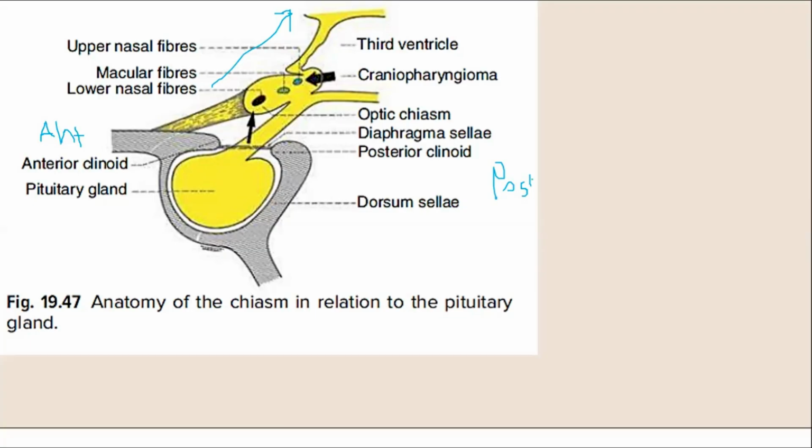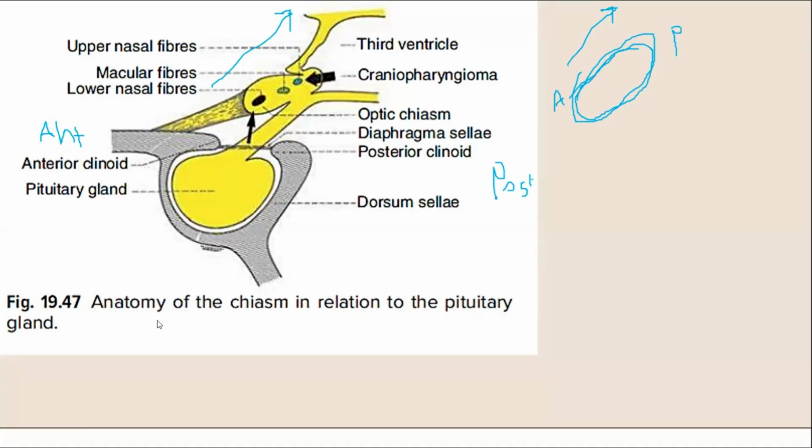If you want to draw the section of the optic chiasm, draw it like this: make it oblique upward and posteriorly, like this. This is anterior and this is posterior. All right? This is a very commonly asked question, by the way.